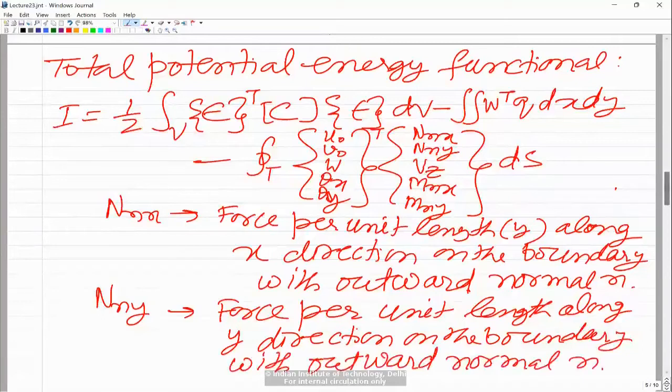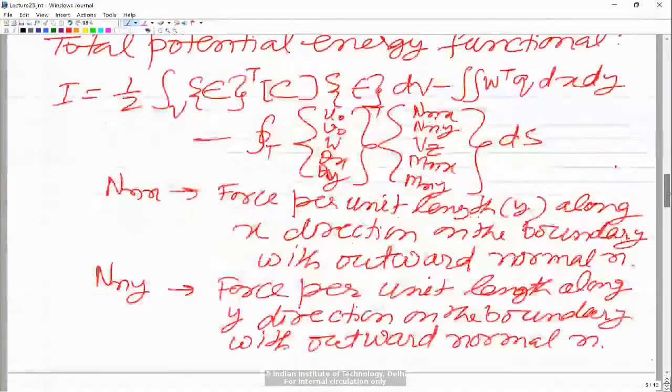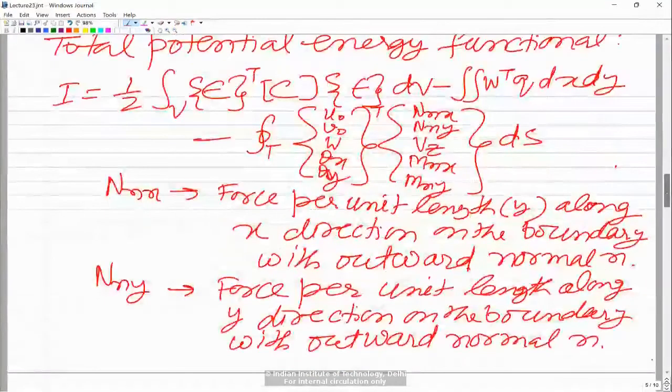Because the boundary will have a normal, and of course for a rectangular plate the boundary normal would either be parallel to the x-axis or negative x-axis, or y-axis or negative y-axis. So that is what n would be in that case.